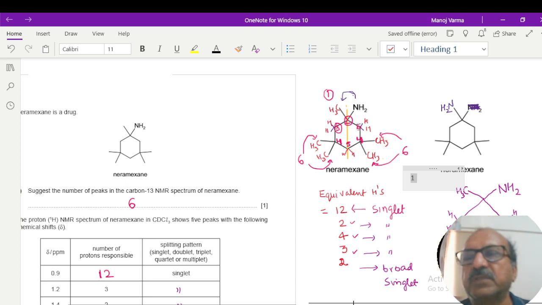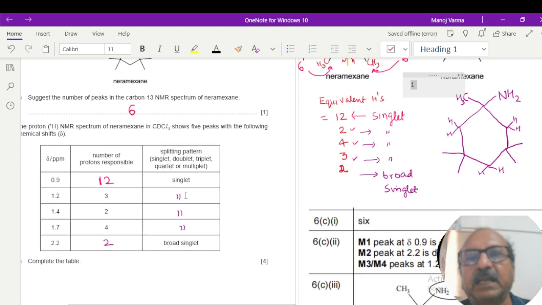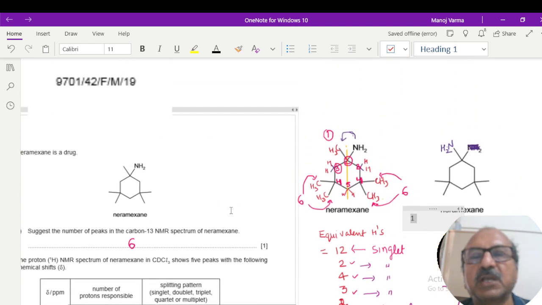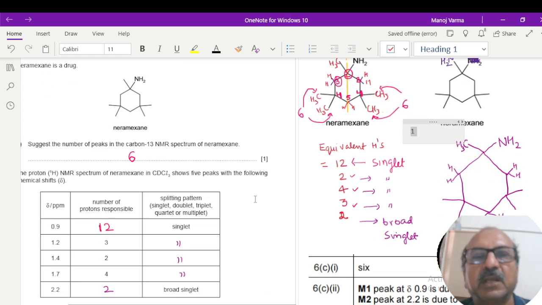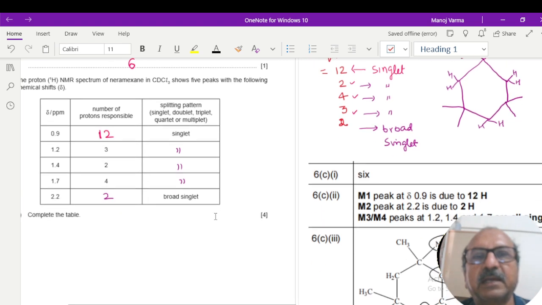The protons attached to this carbon have a next carbon that does not have any hydrogens attached, because it is attached to this carbon or this carbon, which do not have any hydrogens. So there will not be any splitting pattern, and all the signals that you will get will be singlets. And because these two protons are attached to the nitrogen, you will get a broad singlet for that particular proton. So I think that is clear about the answer.